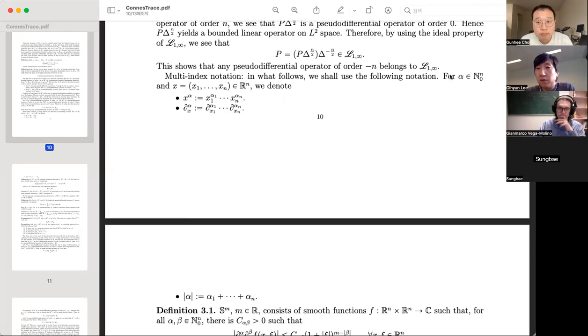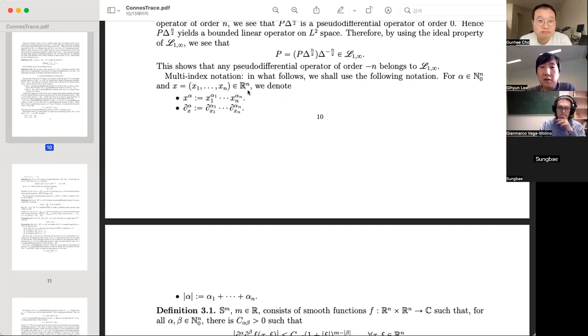In what follows, let alpha be the so-called multi-index. So it's the n-tuple of non-negative integers, alpha 1 to alpha n, and let x be a point in the Euclidean space.